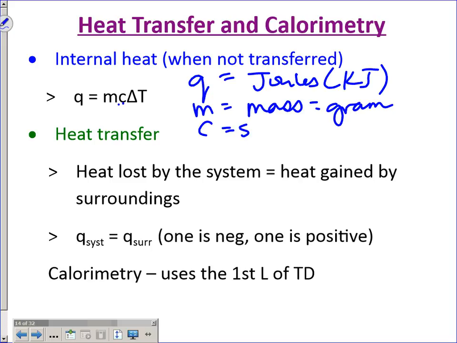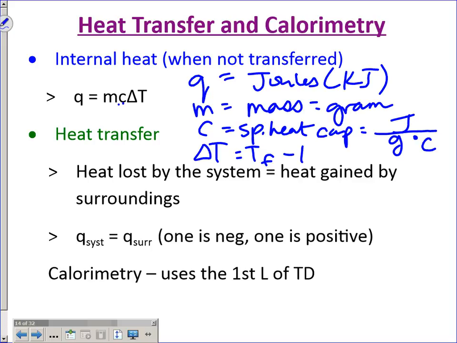C is specific heat capacity, and its units are joules per gram degree C, or C's grams. And now delta T is change in temperature, and we always do temperature change and volume change and whatever change as final minus initial. You have to do T final minus T initial.